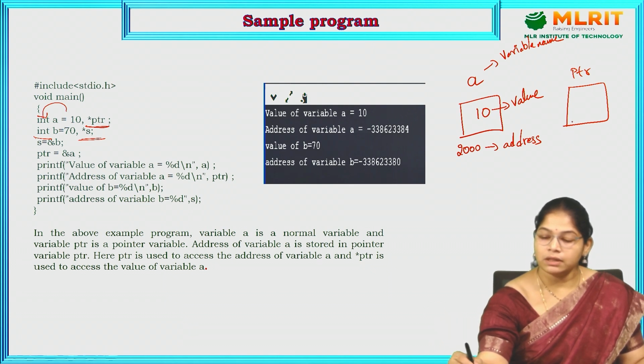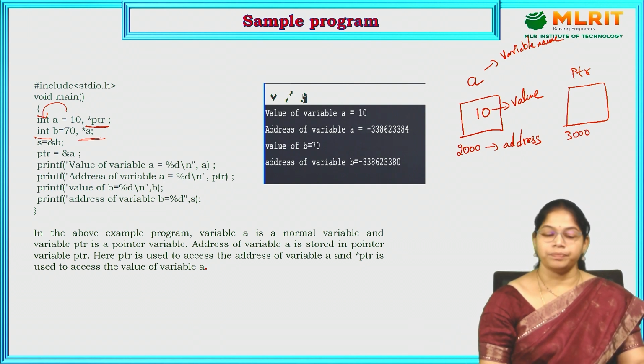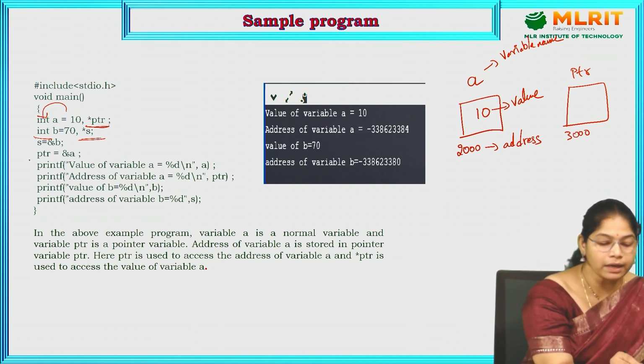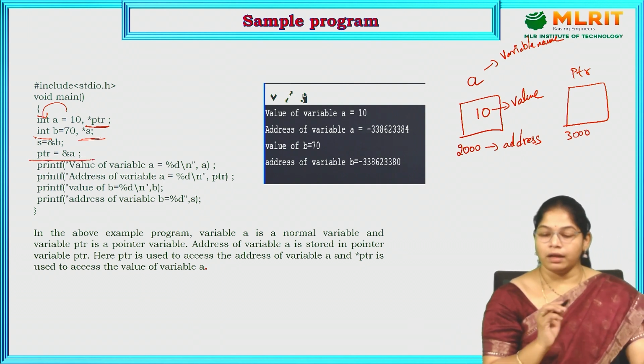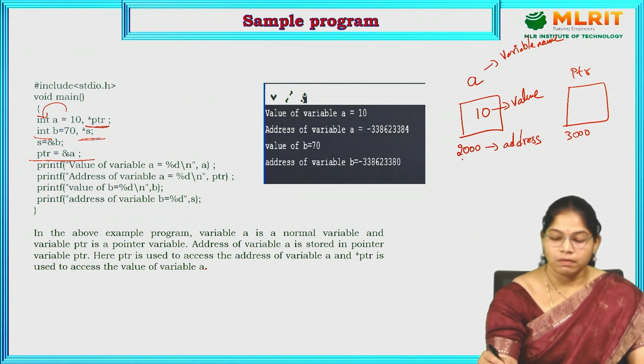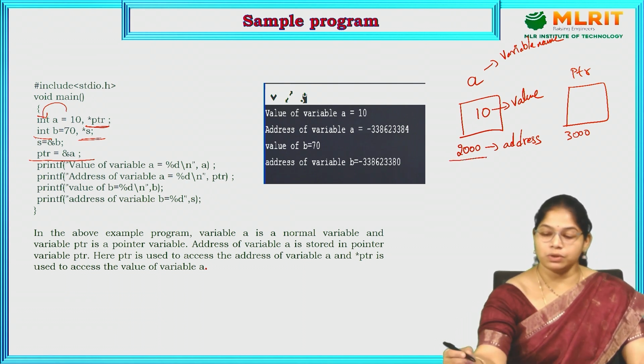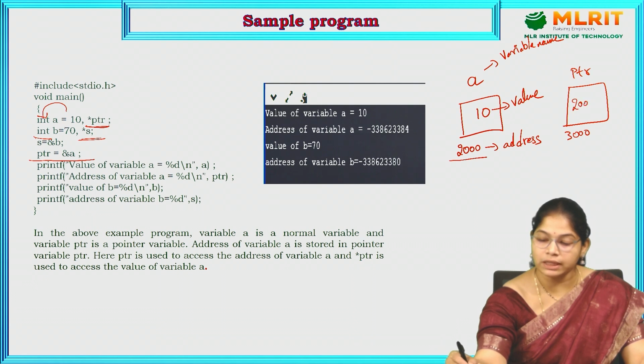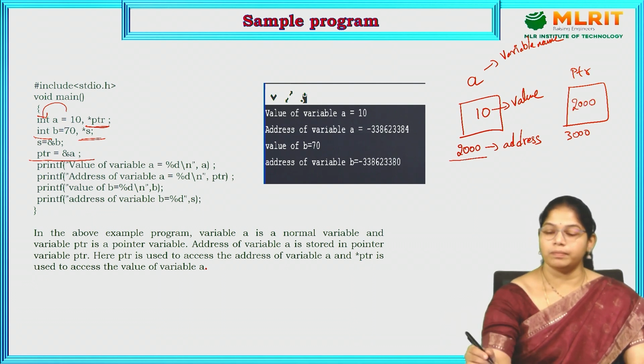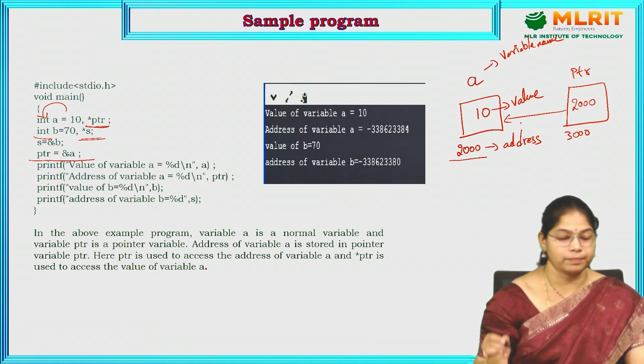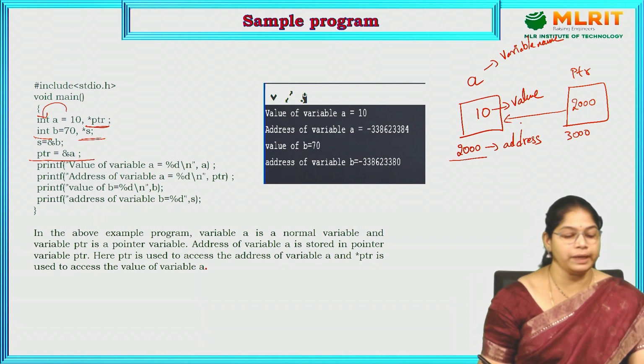The address of this particular ptr variable is 3000. But ptr is equal to address of A. Address means we use the ampersand, so the address of A is here 2000. So 2000 is stored in the pointer variable. So it just points to here. Then we have B.